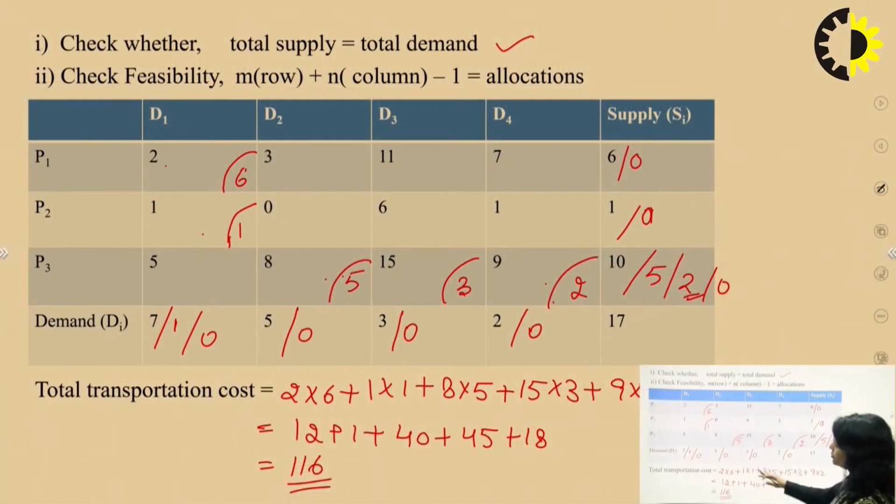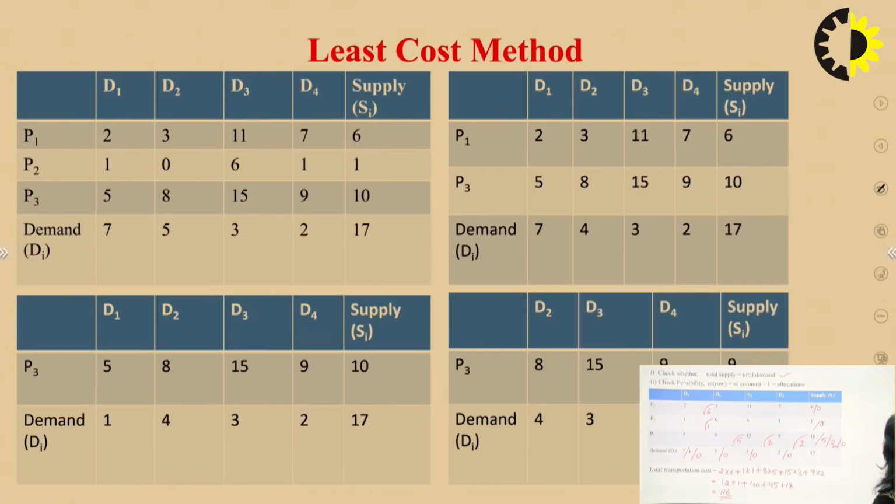So this will become the total transportation cost. Clear? So in this way we can find out the transportation cost with the help of the northwest corner method.